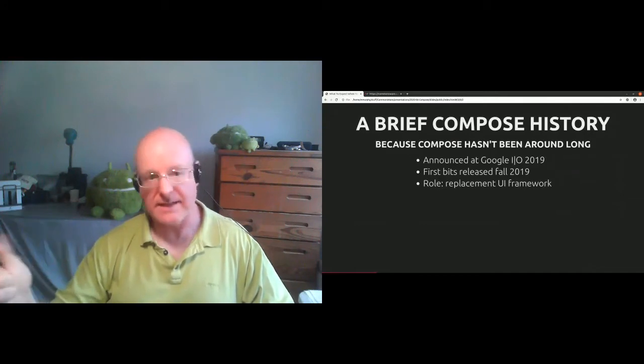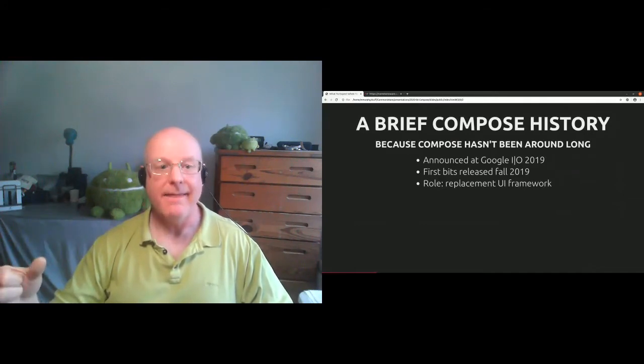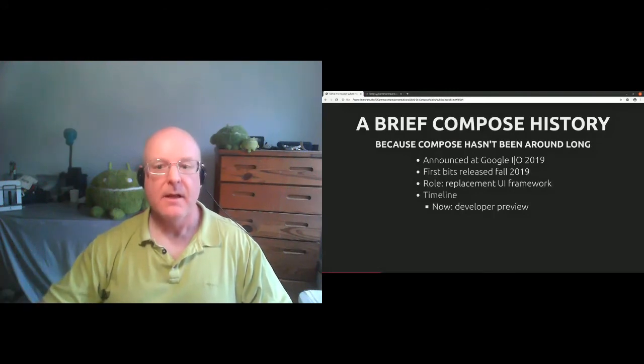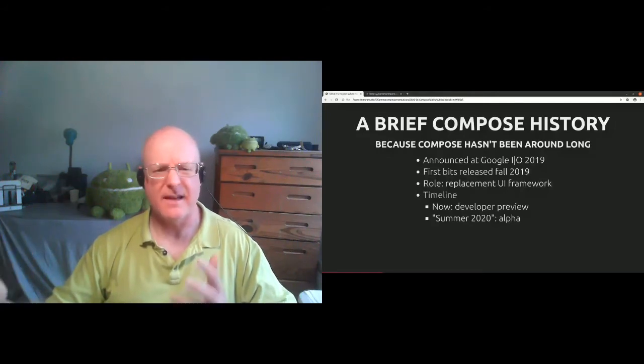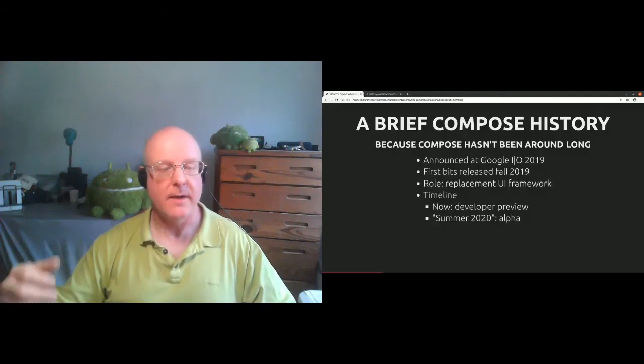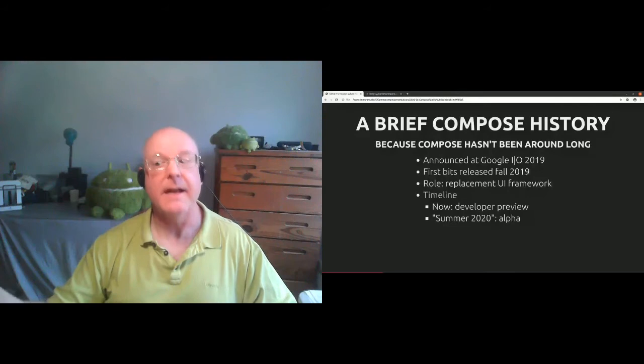Right now, as I said, we're in a developer preview mode, and the API surface changes with some frequency. Just last week, at the Android 11 announce event, whatever that wound up actually being called, in a presentation, Roman Key said that we've got a timeline now that summer of 2020 is going to be when the alpha is out.